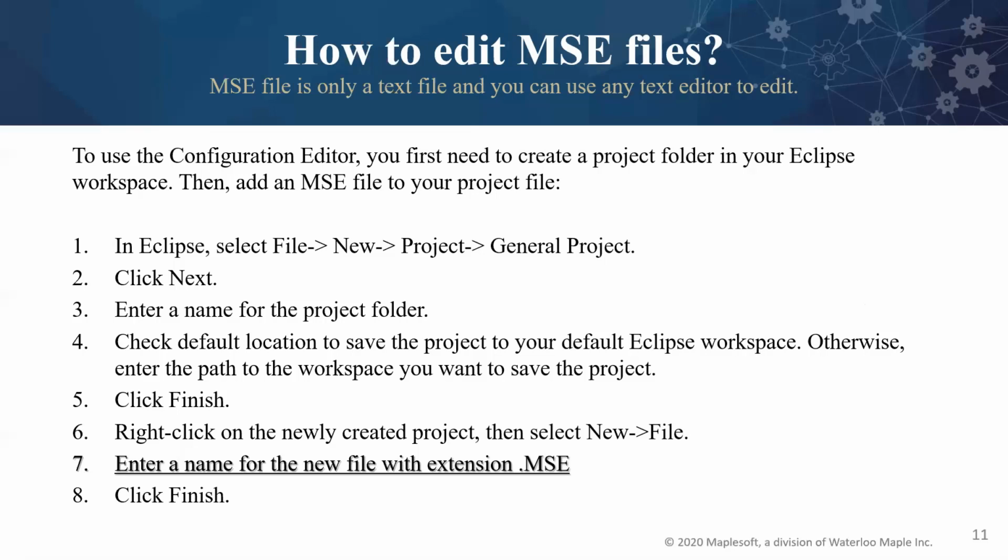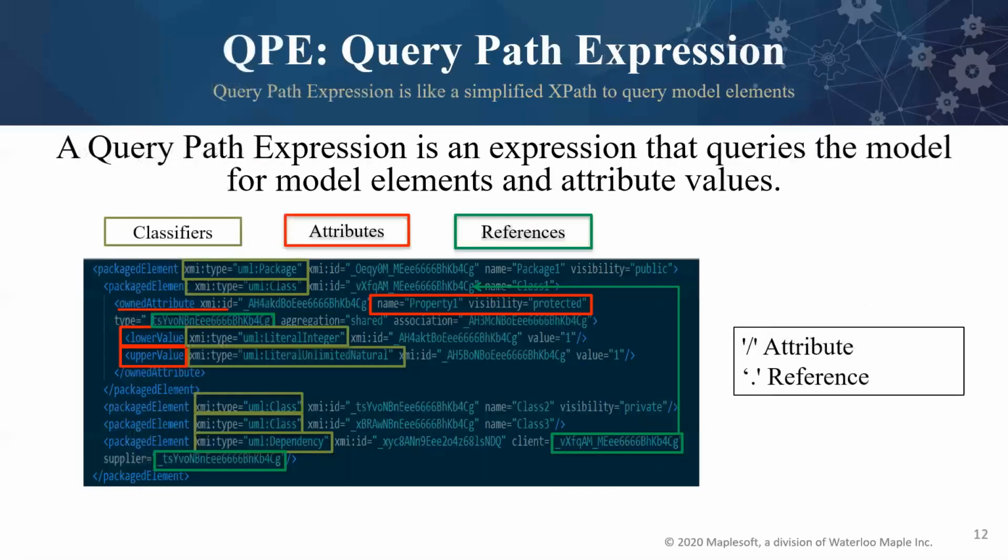Now we saw how to install the Eclipse plugin and how to create our first MSC file. And now I'll give you a very short introduction of what a query path expression is, and then we will go into more detail of what each section of a configuration file is.